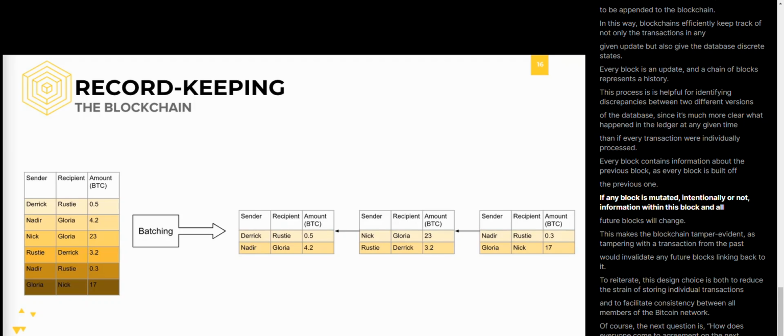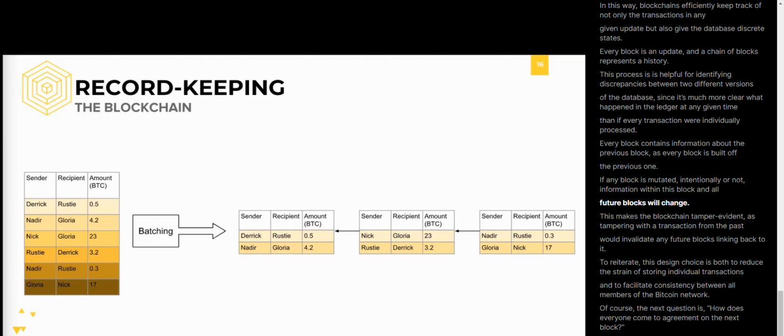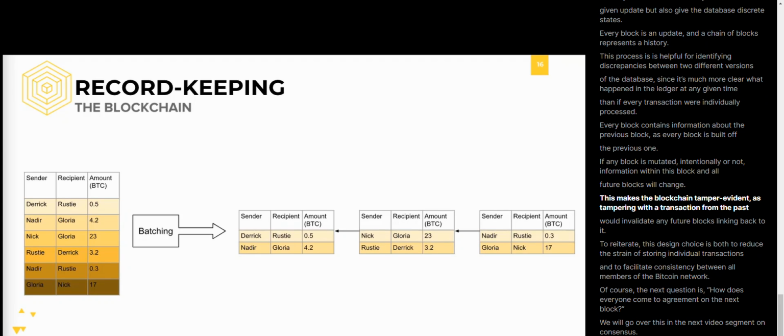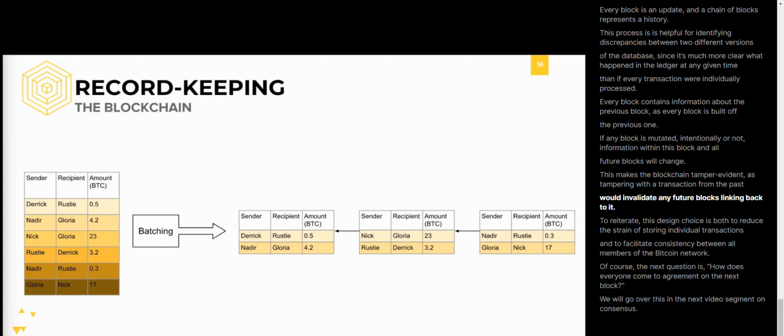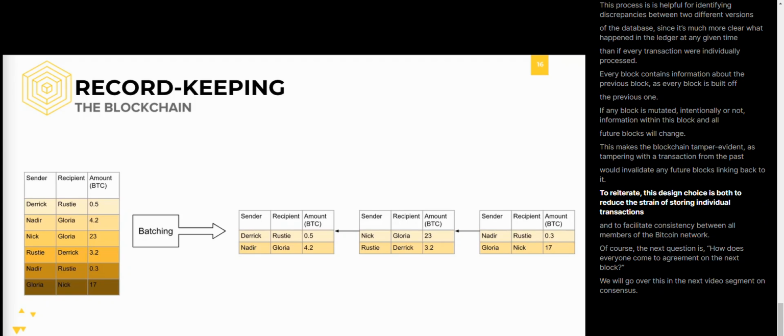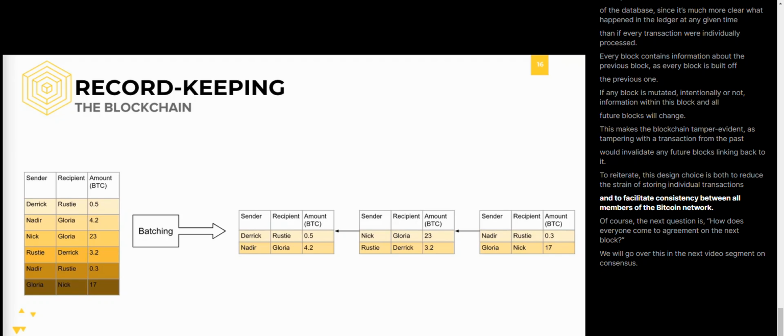If any block is mutated, intentionally or not, information within this block and all future blocks will change. This makes the blockchain tamper-evident, as tampering with a transaction from the past would invalidate any future blocks linking back to it. To reiterate, this design choice is both to reduce the strain of storing individual transactions and to facilitate consistency between all members of the Bitcoin network.